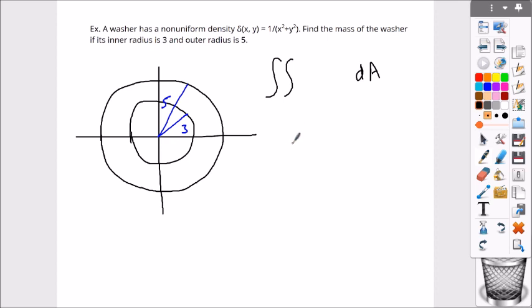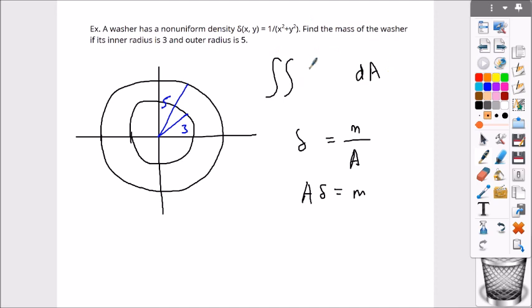Because in real life, density is equal to mass divided by area. So area times the density is equal to mass.